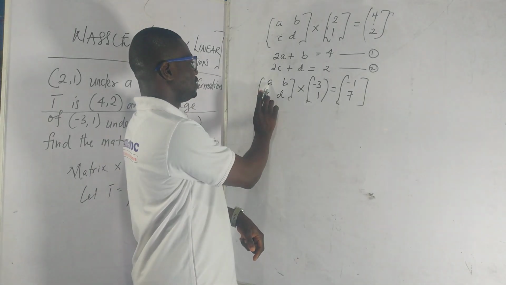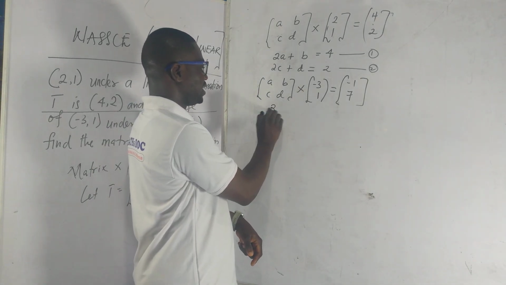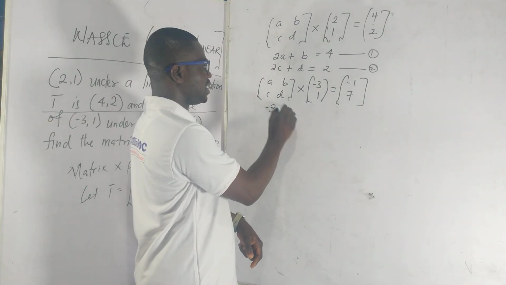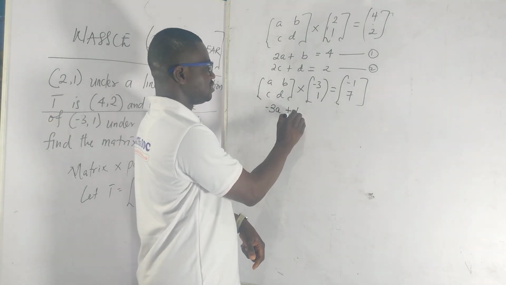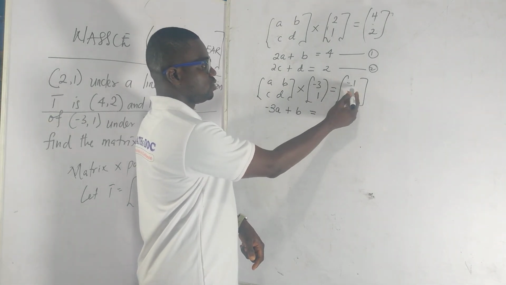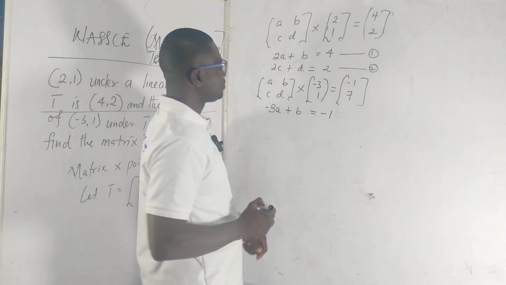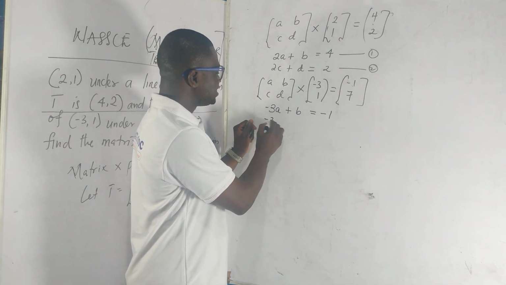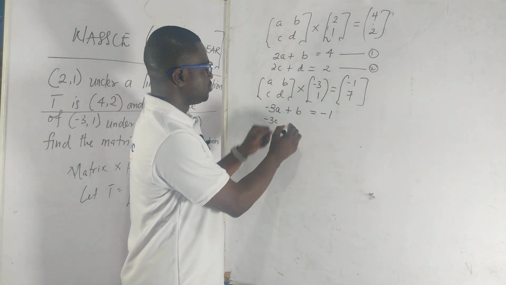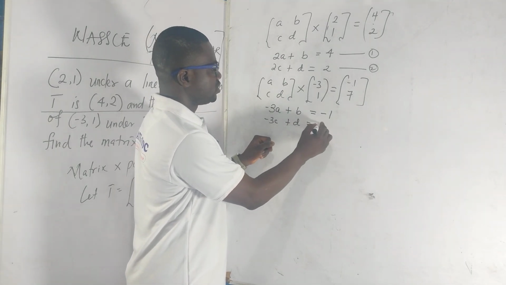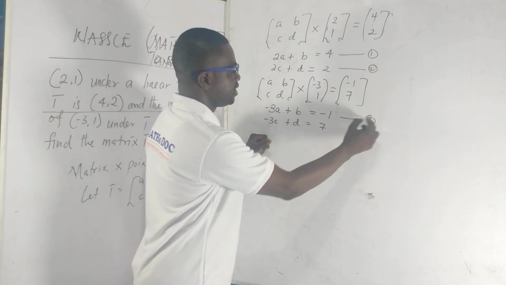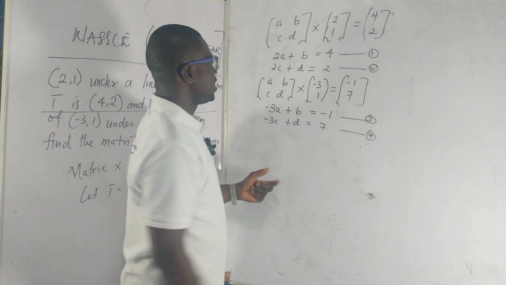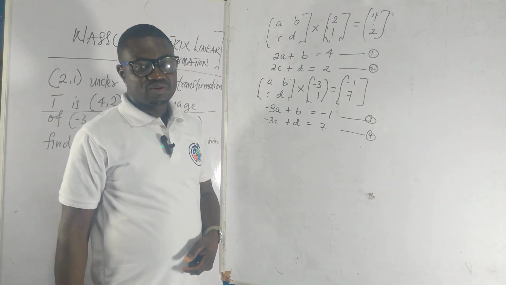So we have a times -3, which is -3a, plus b times 1, which is b, equal to -1, the image. Then c times -3 is -3c, plus d times 1, which is d, equal to 7. So that is equation 3 and equation 4. I believe you got this correct.